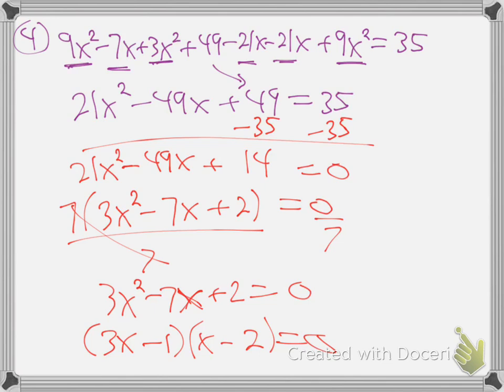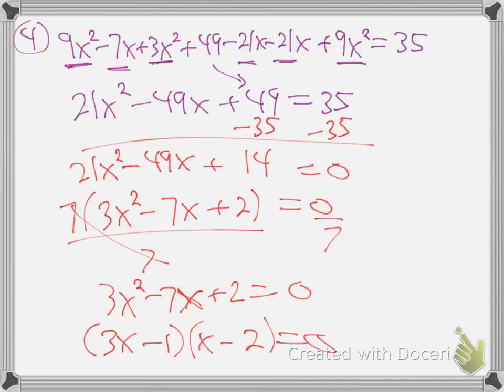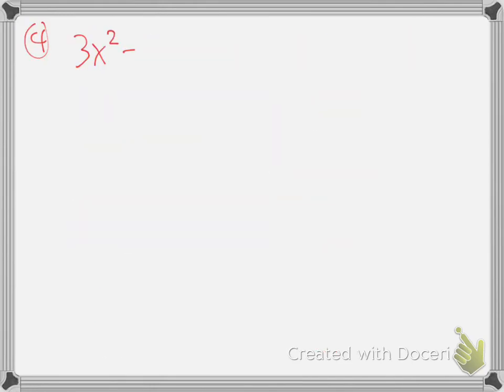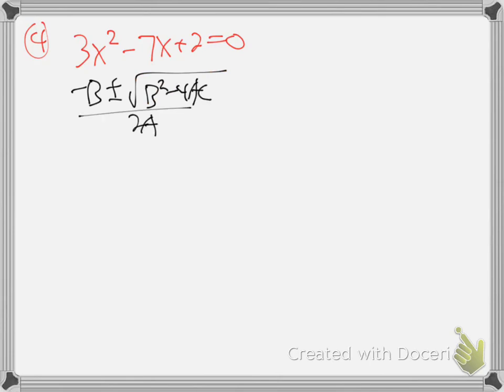So I'm going to go to a fresh screen if that's okay. This is still number 4: 3x squared minus 7x plus 2. I'll do the quad, as I know a lot of people don't like to factor. Negative b plus or minus the square root of b squared minus 4ac, all over 2a.